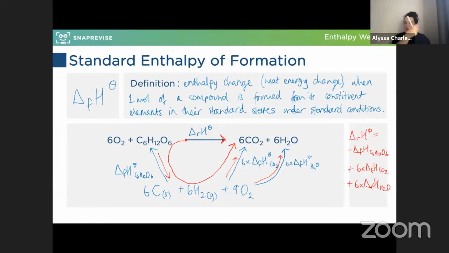So it's minus enthalpy change of reactants plus enthalpy change of products.